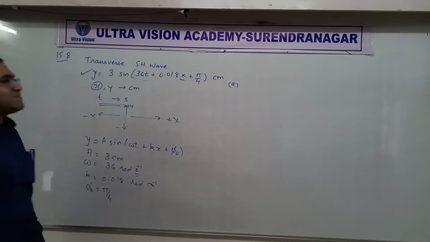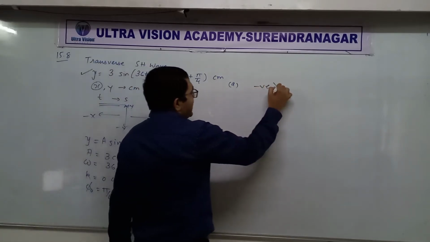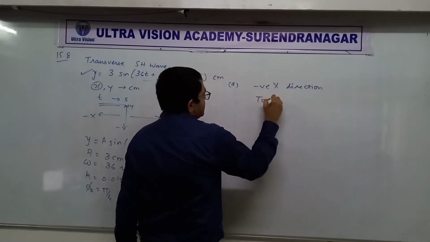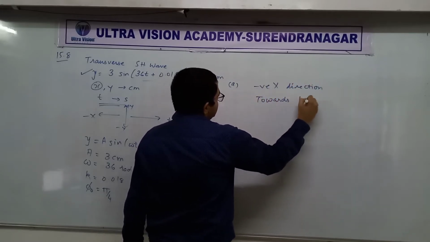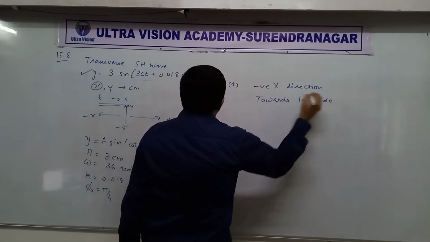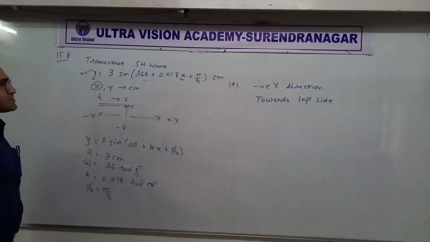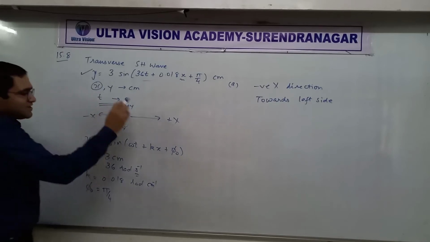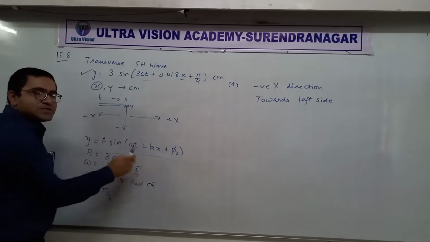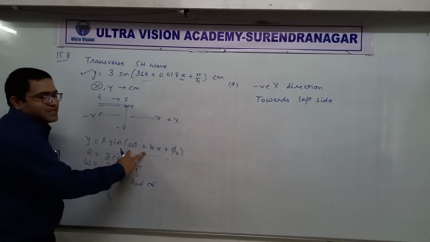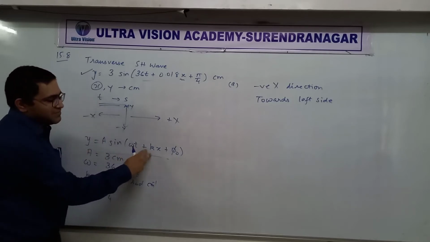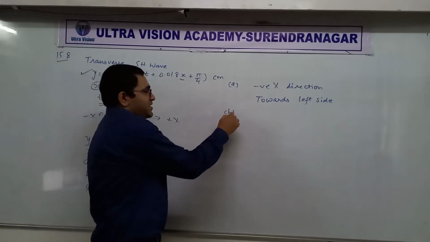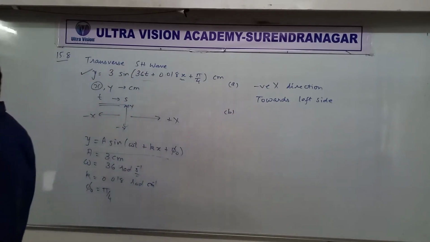This wave will travel in the negative x direction, that is towards the left side. We are just comparing it with the equations that we have written earlier. These two signs are same, which means it travels in the negative x direction. That was just basic information from earlier.